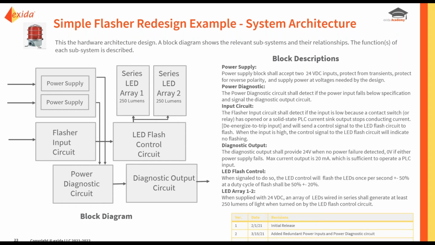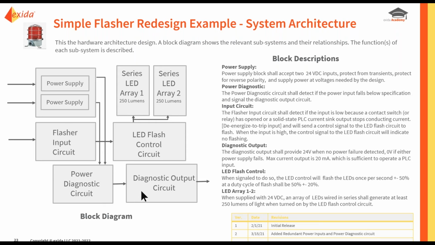All right, let's take a look at our new design. We've got redundant 24-volt inputs with redundant conditioners and power voltage circuits. And you can see a new block down here, a power diagnostic circuit that will detect if either one of these individually fails, and a diagnostic output circuit, which we can use to tell the world that there has been a failure.